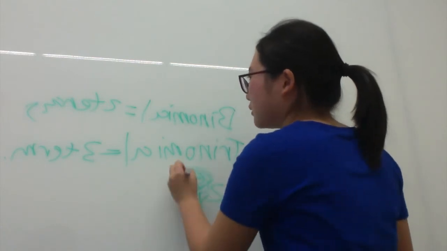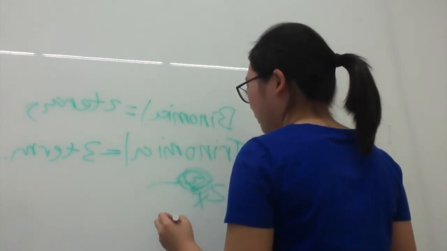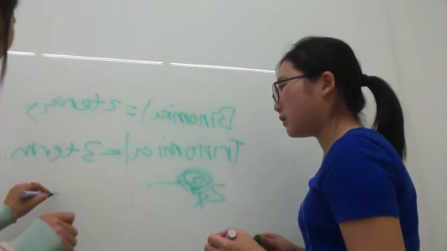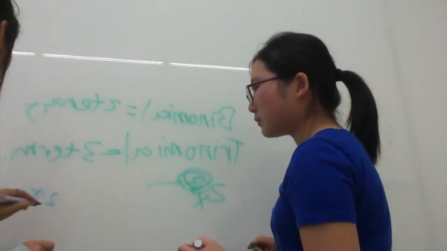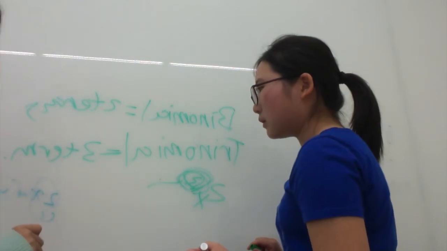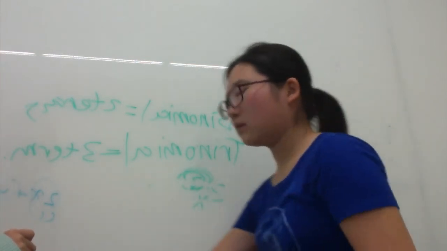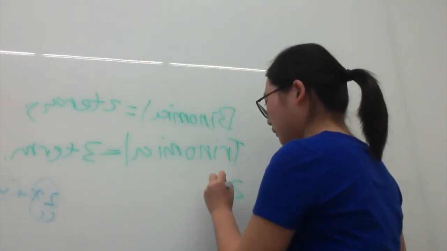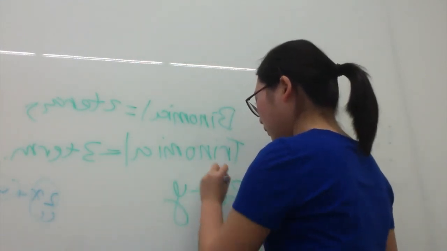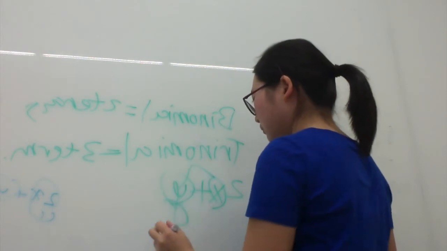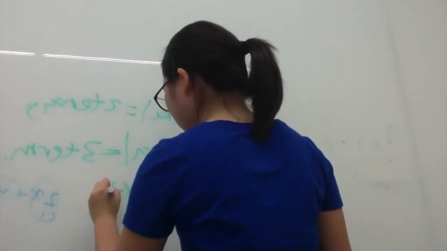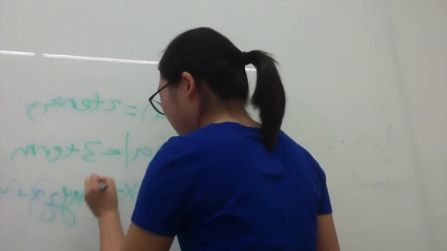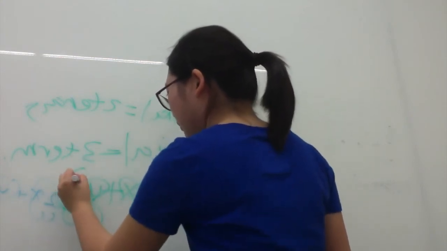So 2 term is like x plus y. Okay, 2x plus y. So there's 2, so this is 2 terms. And this, x plus y plus xy, is 1, 2, 3 terms.